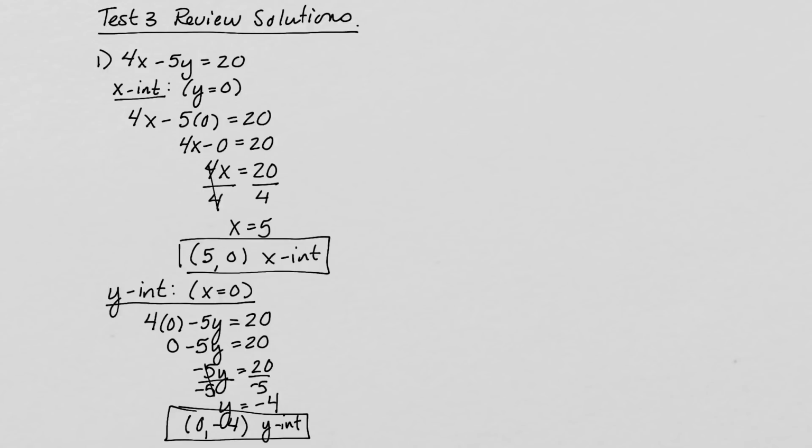So we're going to do the same thing for the next couple problems. So problem number 2 gives us y equals 3x minus 4. So again, the x-intercept, that's going to happen when y equals 0. So 0 is going to be equal to 3x minus 4.